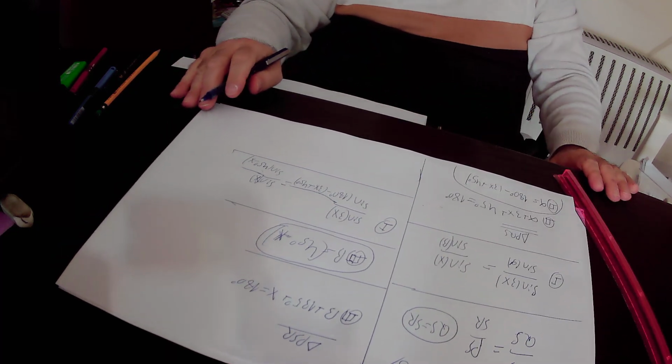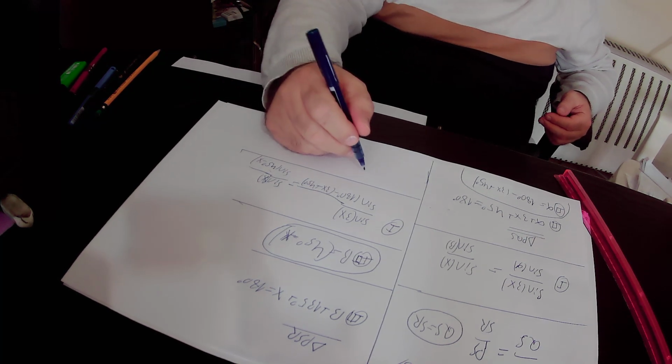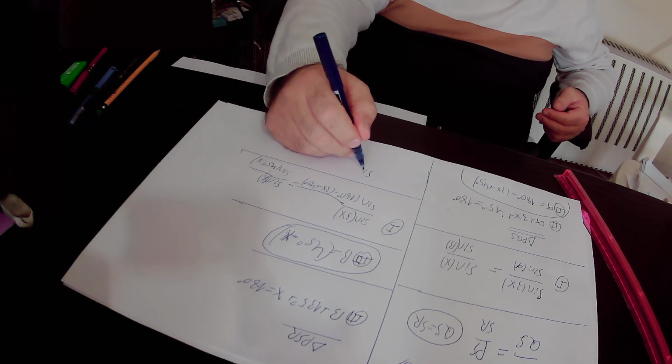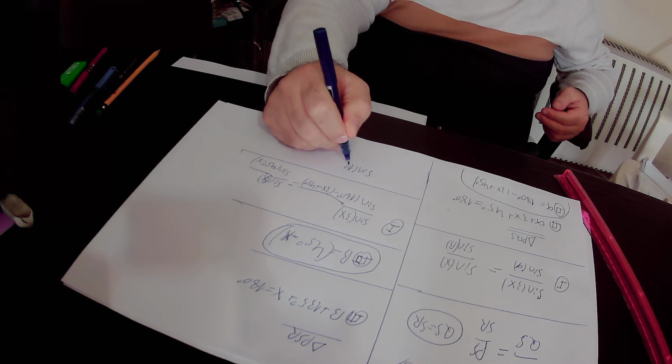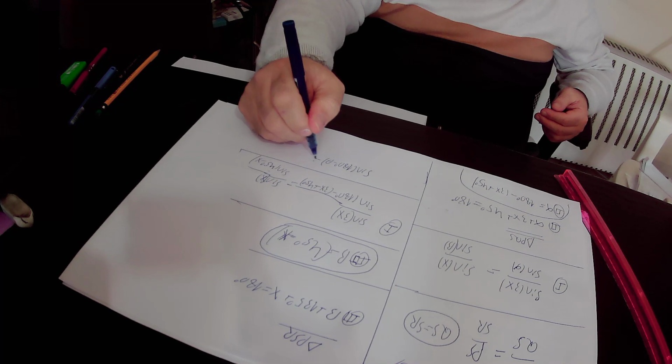We have the trigonometric identity that states that sine of 180 degrees minus theta equals sine theta.